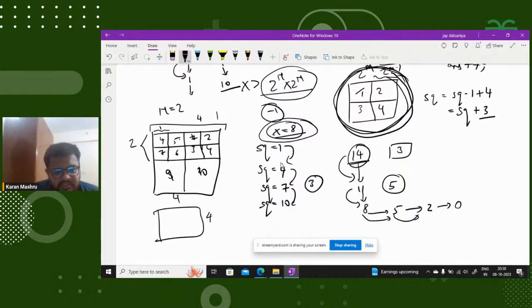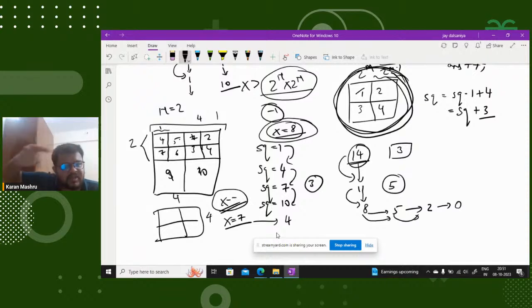So I'll do x minus minus for this initial square. So now I need 7 more squares. When I perform this step, I get 4 squares. In one step, I'll get 3 more squares. So for that initial 1 square, I am doing x minus minus. Then at every step, 3 more squares will be added. Now is it clear?